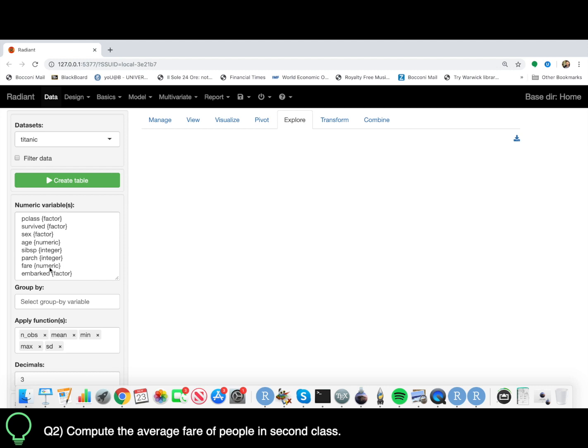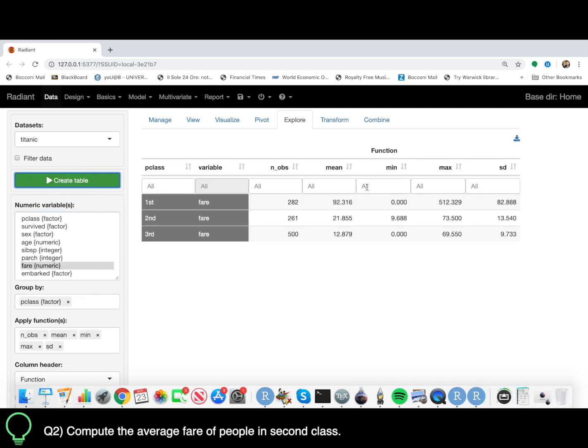So the numerical variable is fare, but I want to group the individuals by class so that I can get the mean for each of the classes. In particular, the average fare of people in second class is 21.855.